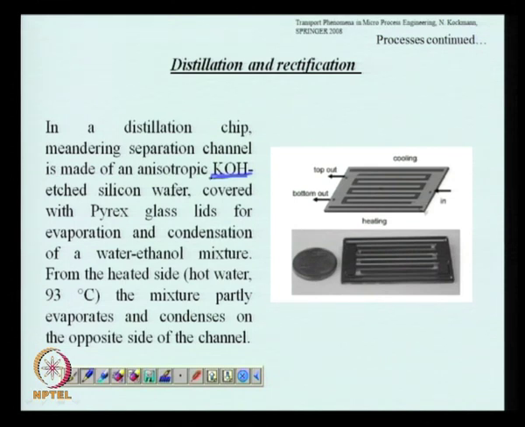KOH essentially etches silicon depending on the crystal plane it encounters. That is why it is called anisotropic etching. So, that means in one specific direction the etching will be a lot faster compared to the other direction. As a result, you can get nice shapes, the most common one being a V groove.